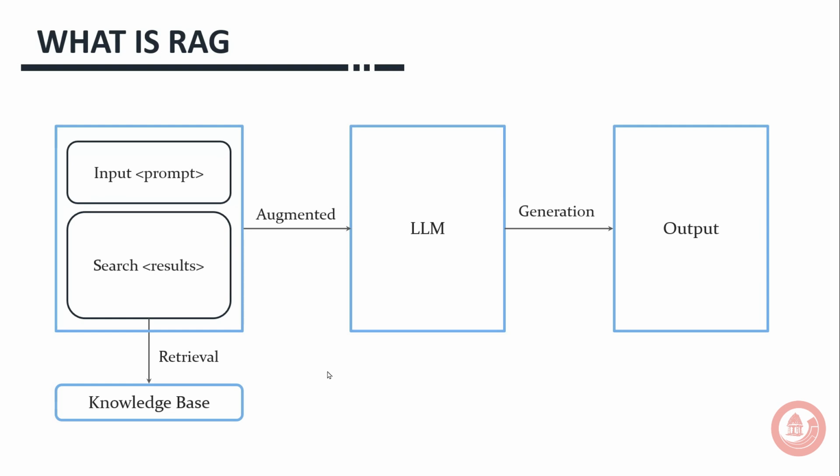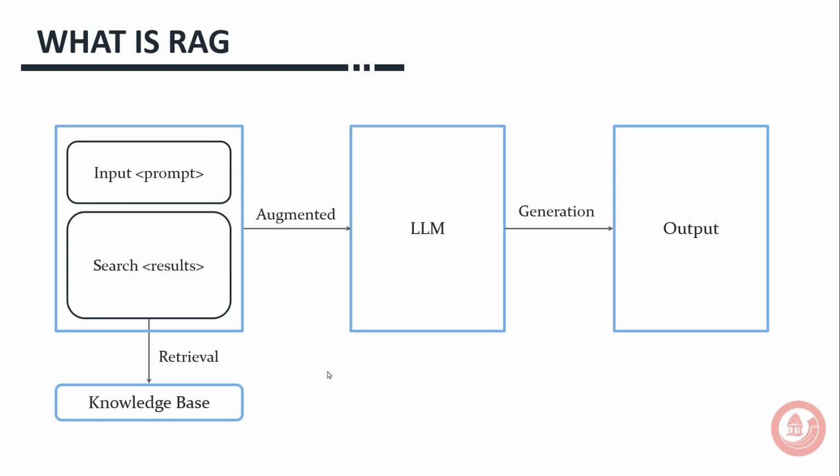If you ask any questions to the model around your internal knowledge base, it won't be able to answer. So if you are trying to integrate this into your website, you need to make sure it has access to that information. That's where retrieval augmented generation comes into the picture.